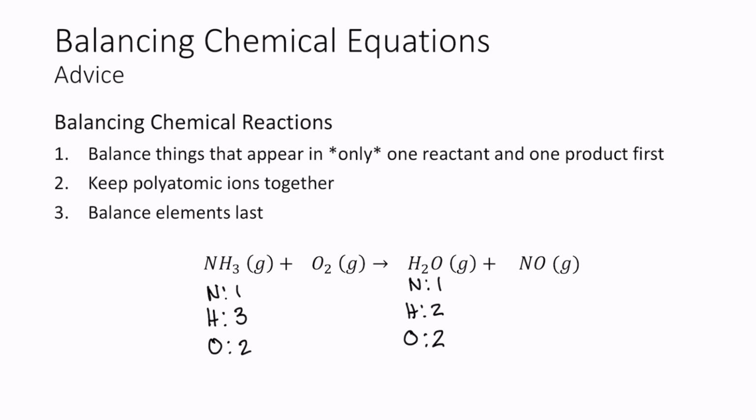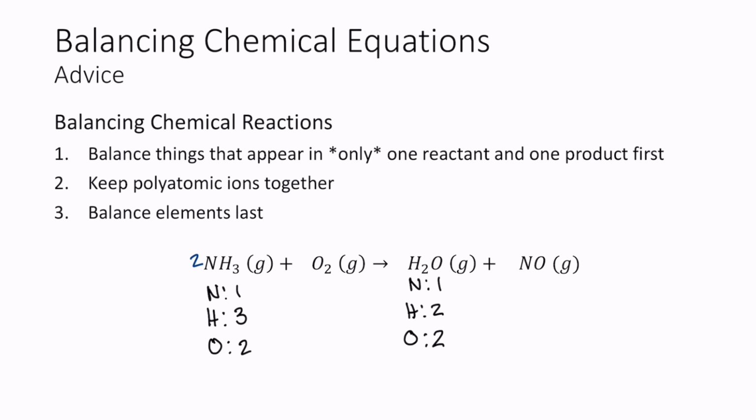Now, I notice that I have an odd number of hydrogen on my reactant side and an even number of hydrogen on my product side. So I'm going to double the number of hydrogen on my reactant side so that I can get an even number of hydrogen on my reactant side. Sorry, I said double, but then wrote 3. There we go, that's double.